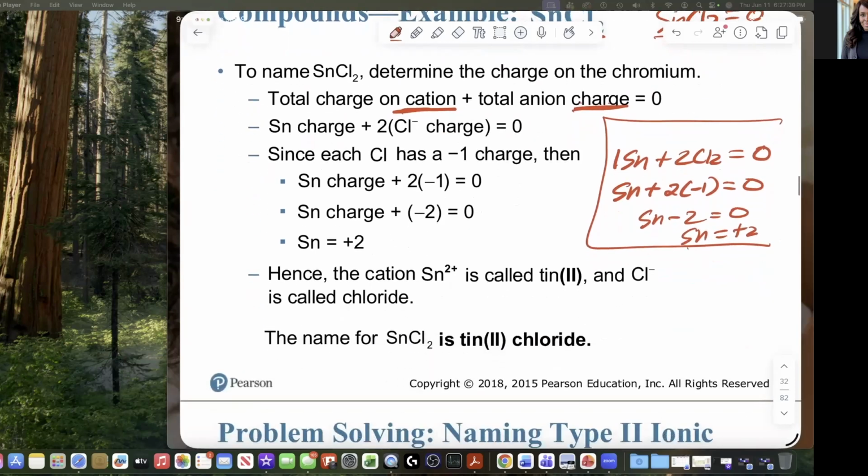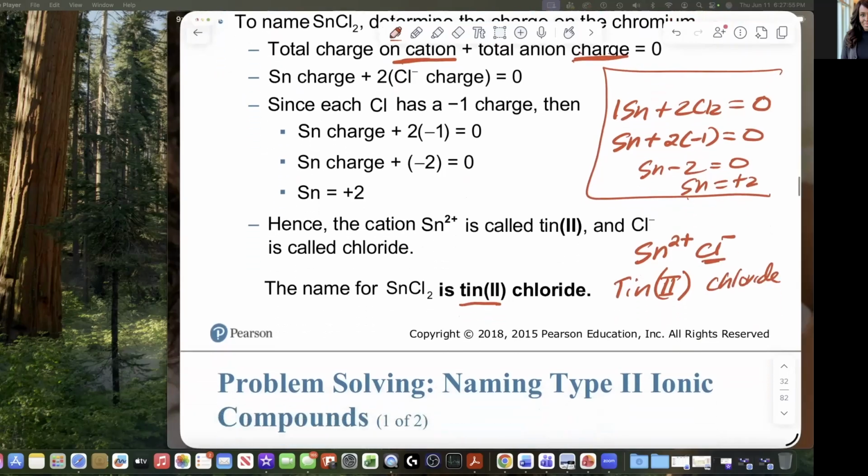Sn stands for tin, so you have tin 2. So essentially it's Sn2+ combined with Cl-. Cl- is the symbol for chloride. So you're going to name the Sn2+ tin 2, and then this one here will be chloride. Okay, tin(II) chloride.